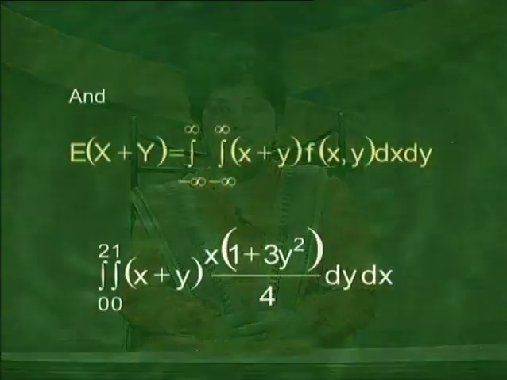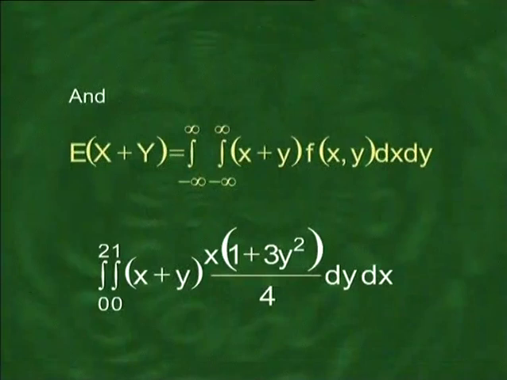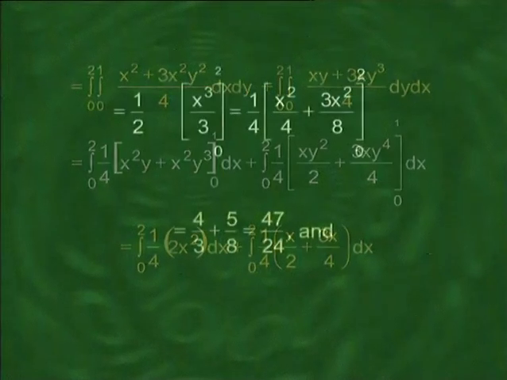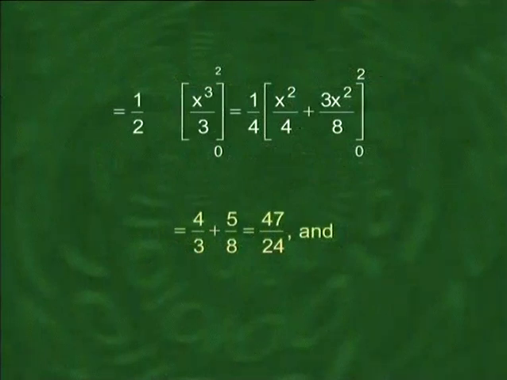So, as you see on the screen, the expected value of x plus y is the double integral of x plus y into f of xy. And applying this in this particular example and going through all the steps in a fashion similar to what I explained in the last lecture, the expected value of x plus y comes out to be 47 divided by 24.